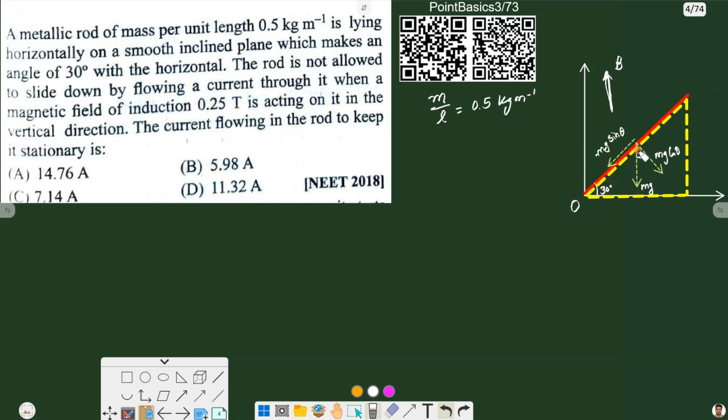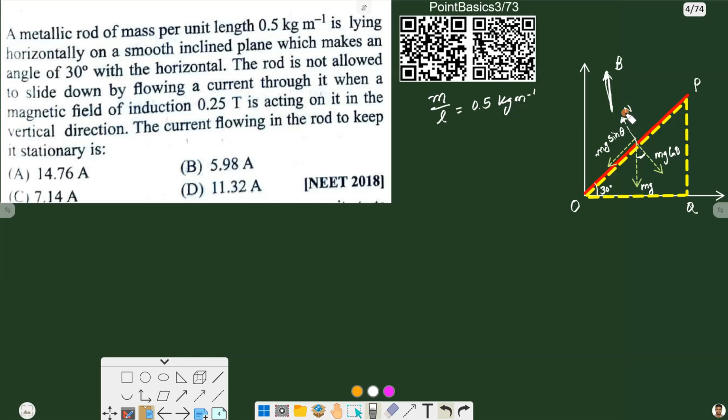Suppose this is O and this is P and this is Q. So we can have the direction of current from O to P or from P to O, depending upon which direction of current balances the weight. We will also have a normal reaction, which I forgot to plot here.